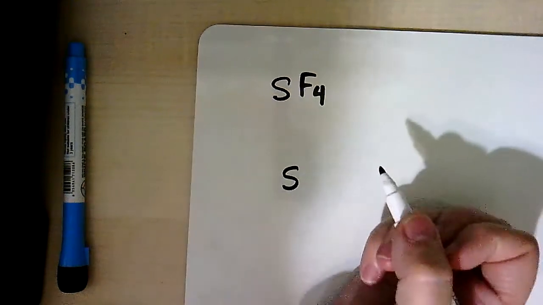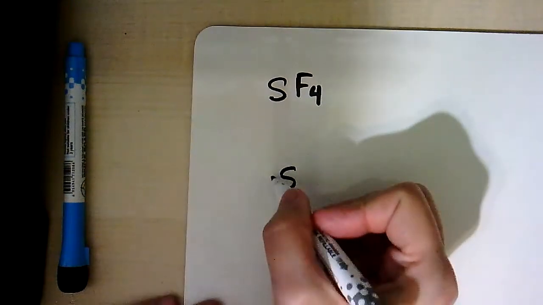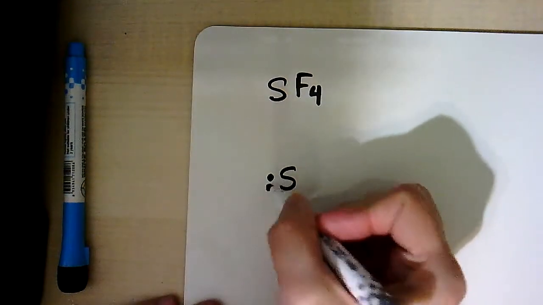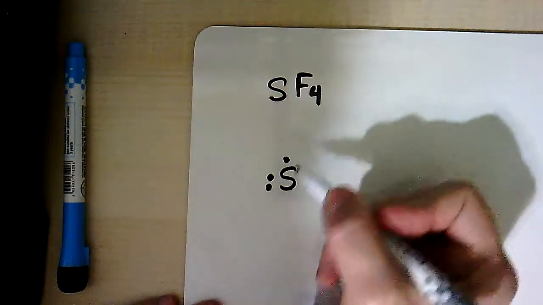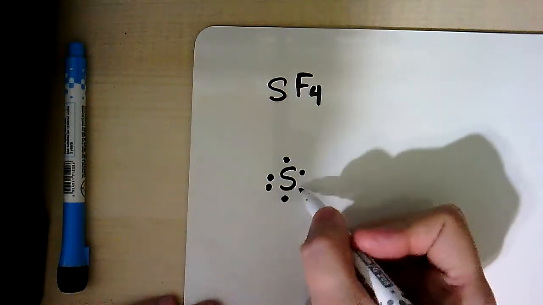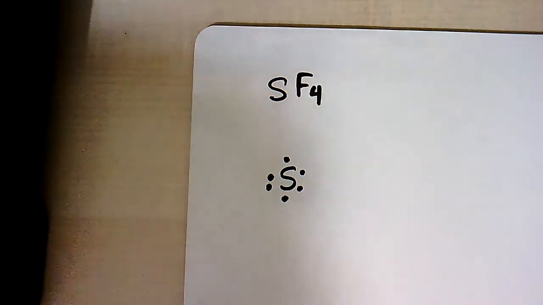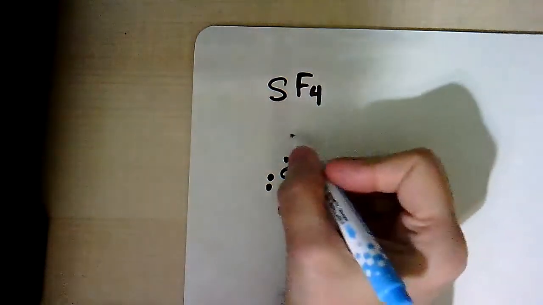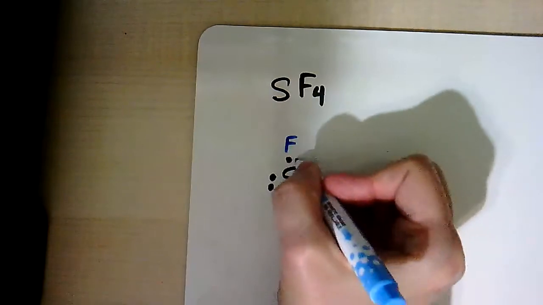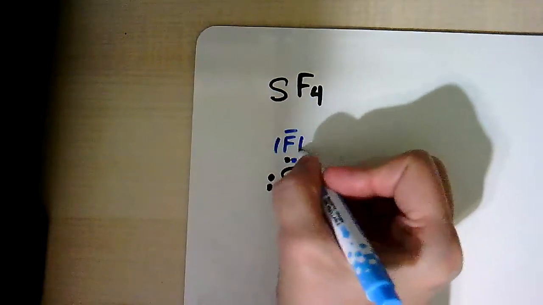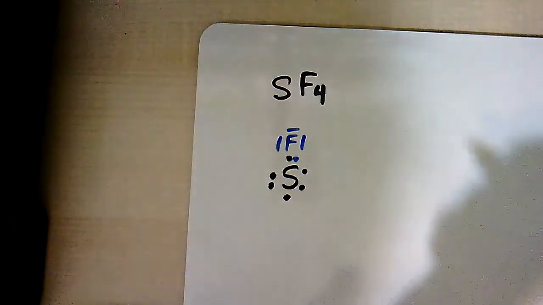So keeping that in mind, sulfur has 6 electrons. That's a fact. 1, 2, 3, 4, 5, 6. And we can split apart 4 of those electrons to make the 4 bonds to the 4 fluorines. So I'll write those in. So here's one of them. And remember, fluorine comes with its own electrons.